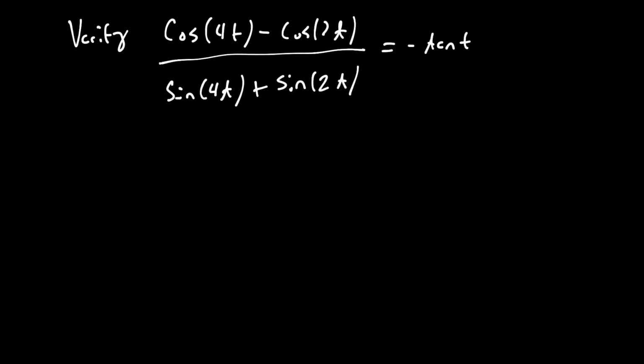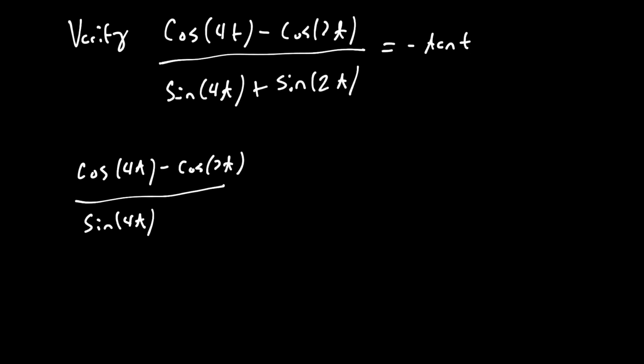Now we'll go ahead and start with the more complicated side of the equation, which is the left-hand side. We have our cosine of 4t minus our cosine of 2t divided by sine of 4t plus sine of 2t. And we're going to apply our sum to product formula on the top and the sum to product formula on the bottom.